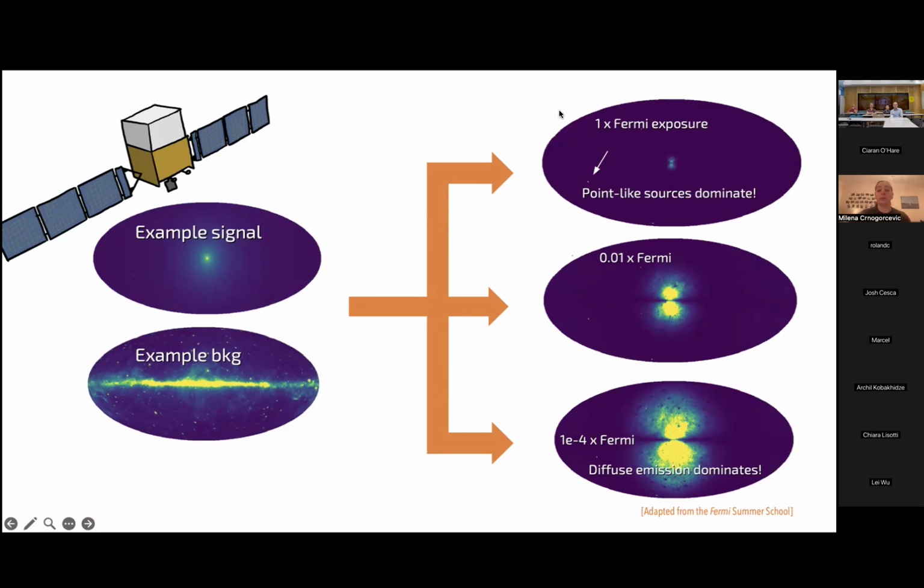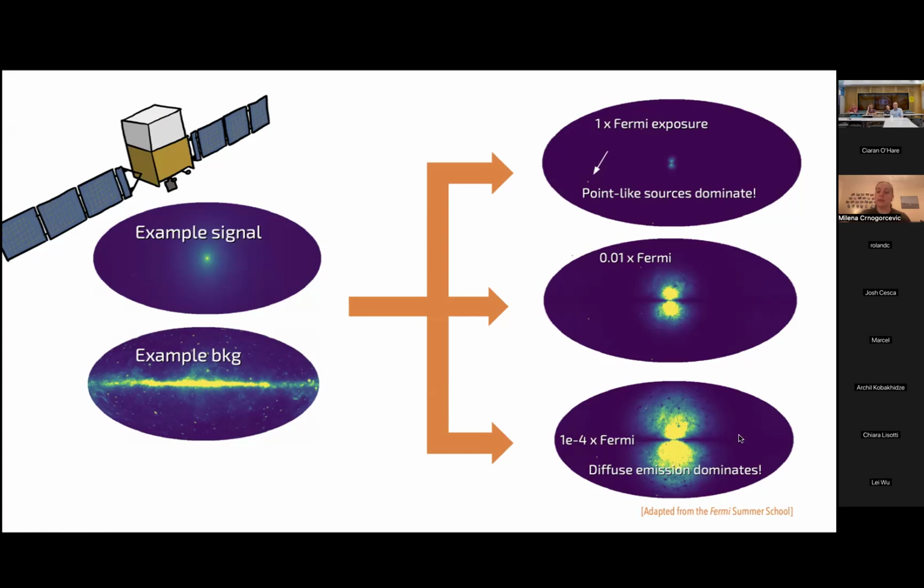If you're looking for point sources, you will use longer exposure times, as is shown on the top of this plot. So you see that the point sources start to dominate for this example signal in the background. But as you start decreasing the exposure time, of course, the diffuse emission will start dominating.